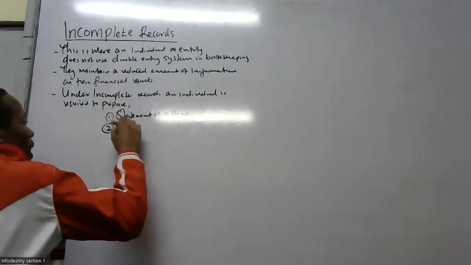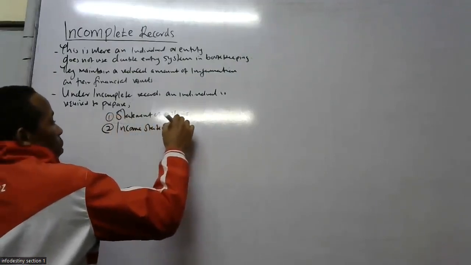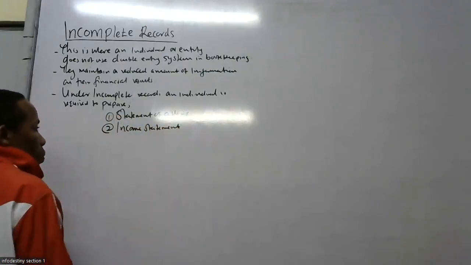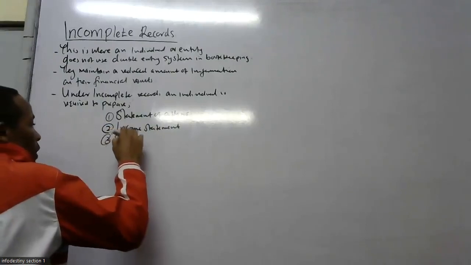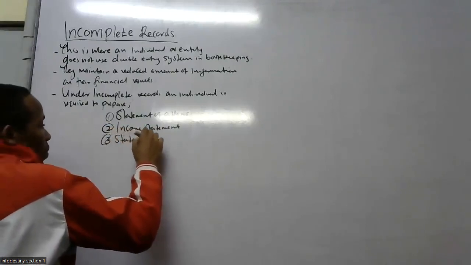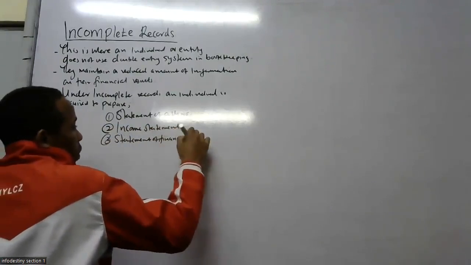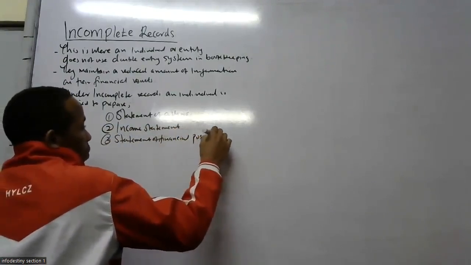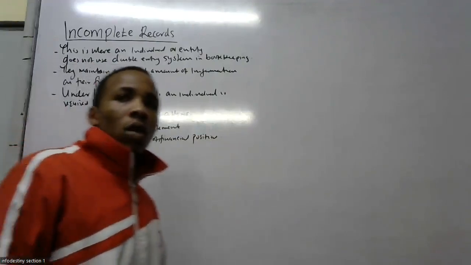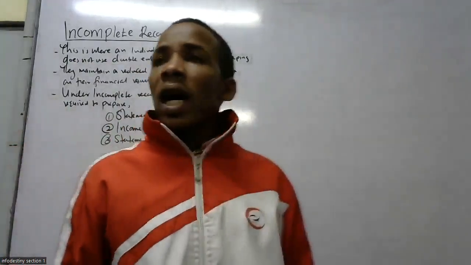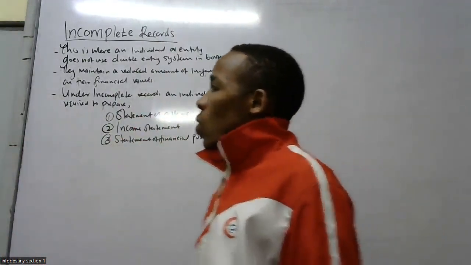Number two, the income statement, or the statement of profit or loss. Then number three is the statement of financial position.